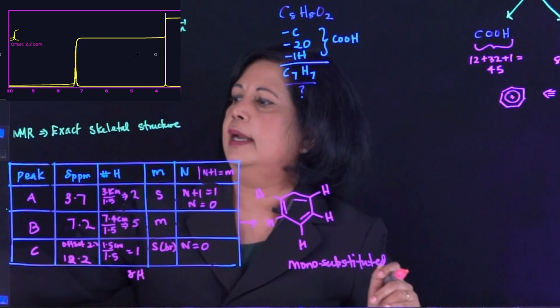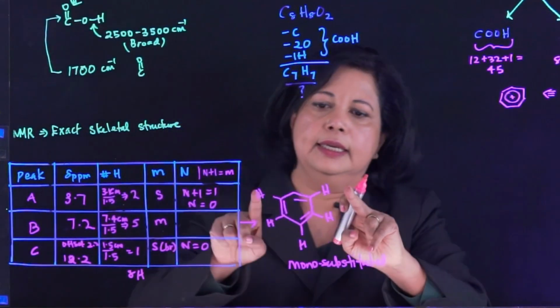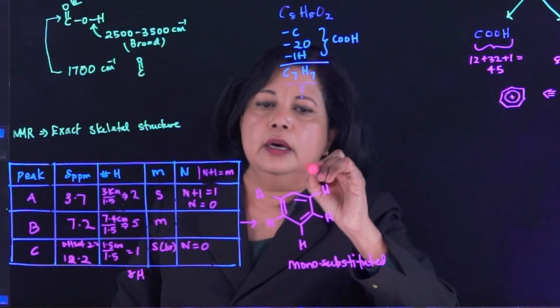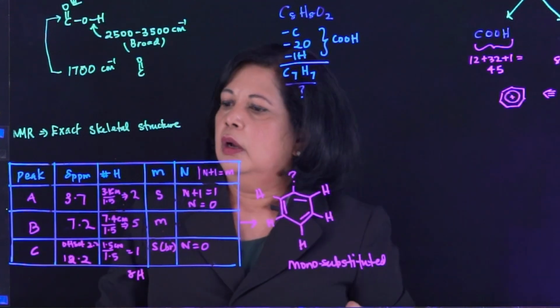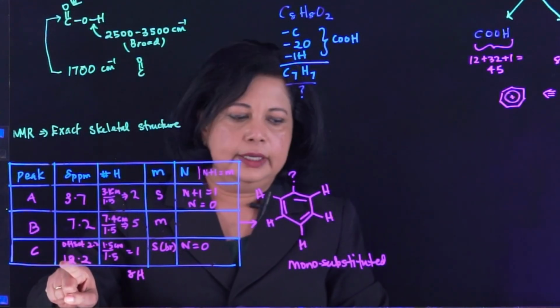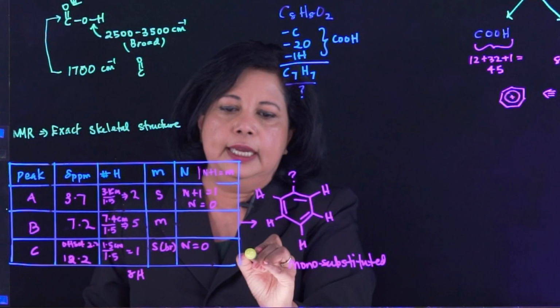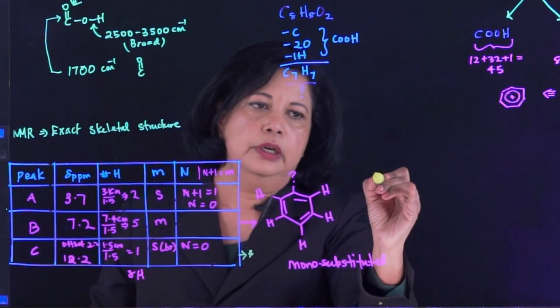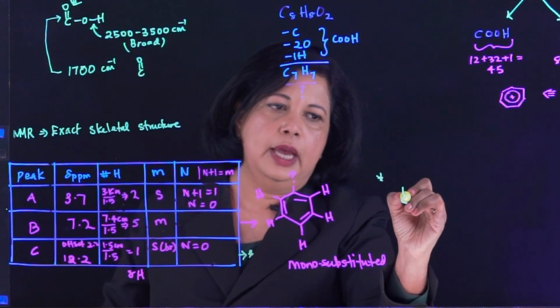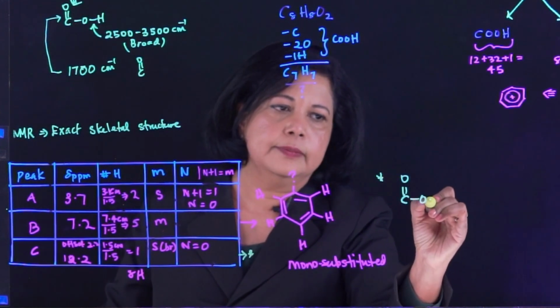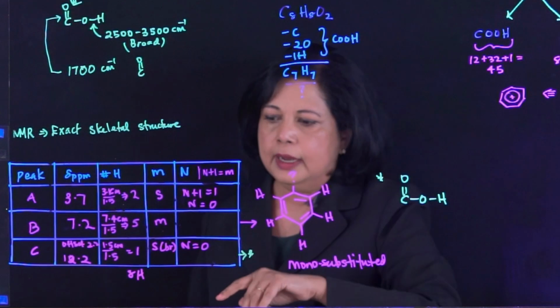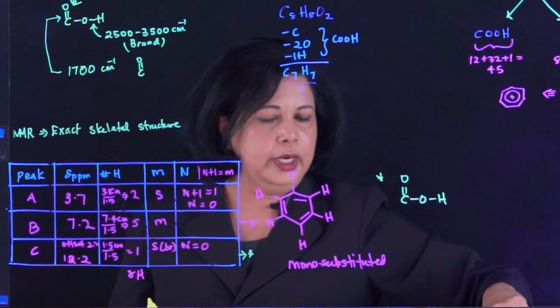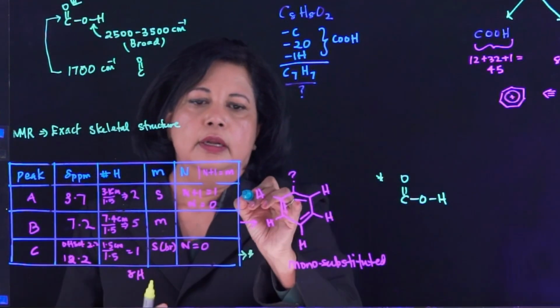And the splitting pattern kind of corresponds to that. Now, what's over here? We know from this data that you have a carboxylic acid. So I'm going to put a star here. This tells us that you have a carboxylic acid. What about this? Where does this come in?